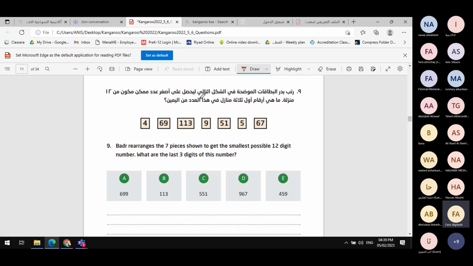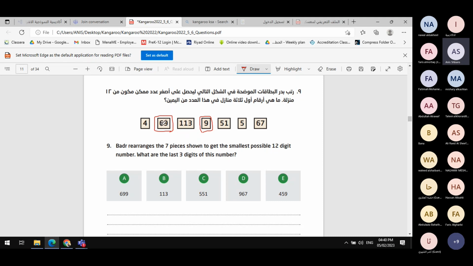Teacher, first we try to make the biggest number in the ones place. So we put 9, then 69. But remember, 9 is the biggest number for the ones.